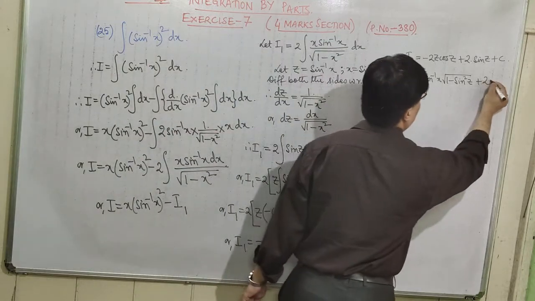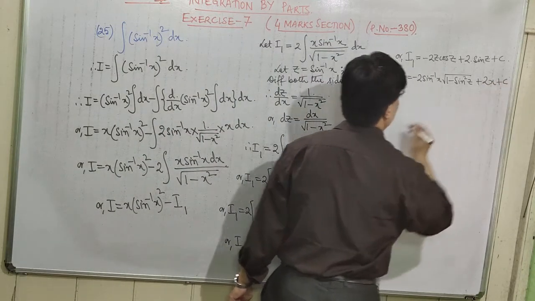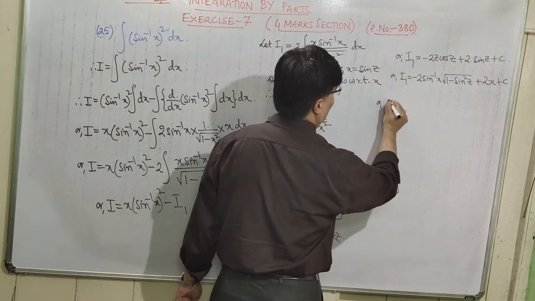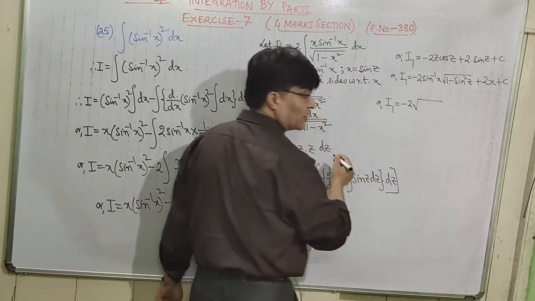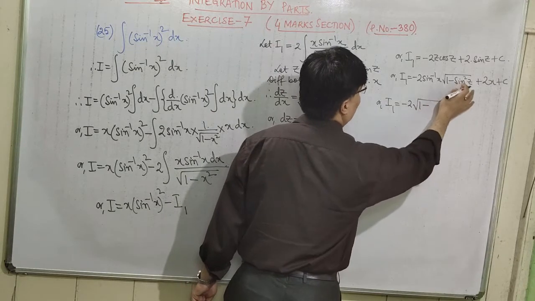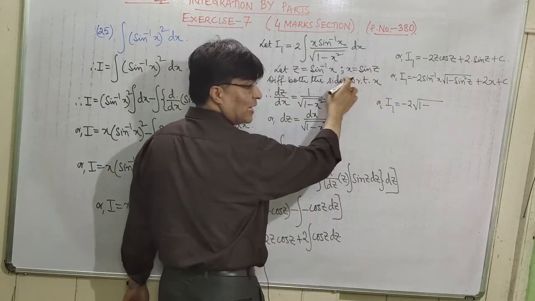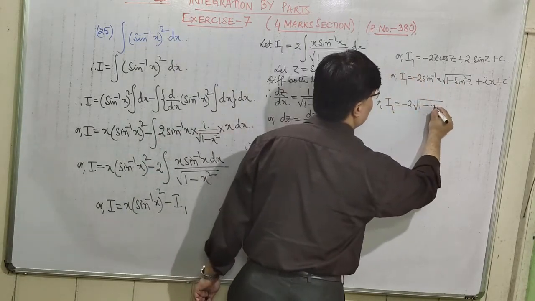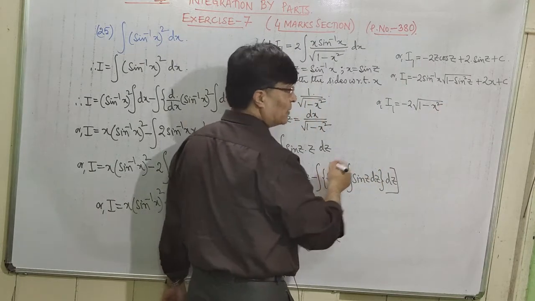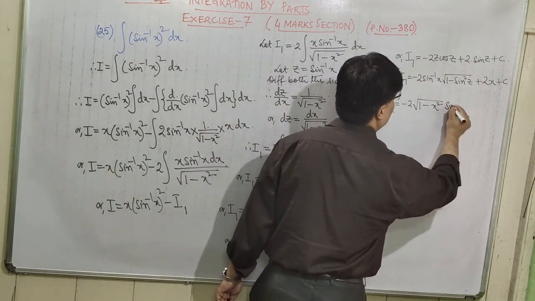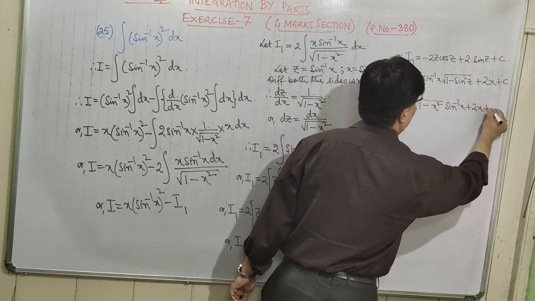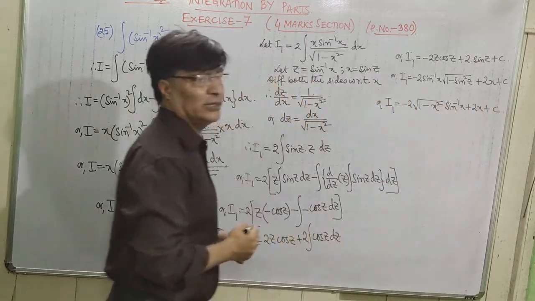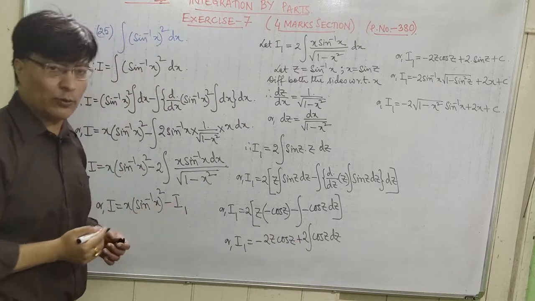You can write 2x, and this is plus c. Or I1 is equal to minus 2. Let us write down the square root term first. 1 minus, what is sine square z? Sine z is x. So what is sine square z? It is x square. Then you have to write sine inverse x plus 2x plus c. So this is the value for I1.